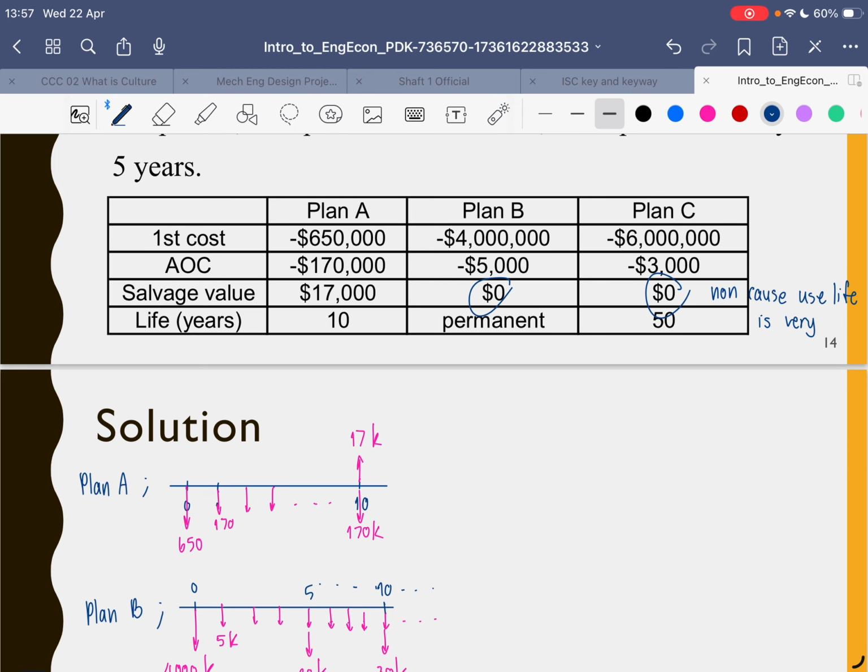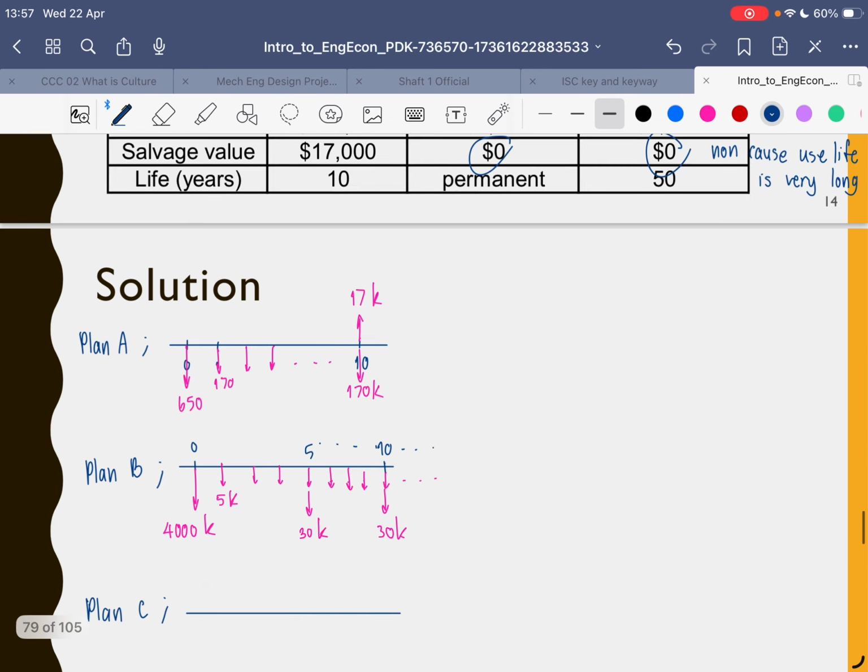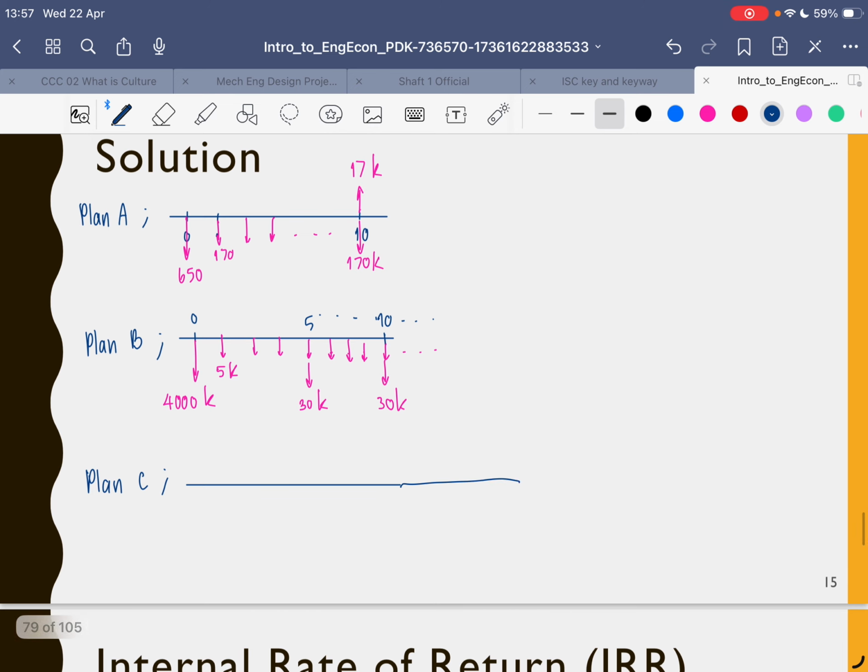The initial investment is 6,000K and the AOC is 3K every year until year 50. So this is a conversion of the description from the problem into the cash flow diagram. i is equal to 5% as given in the description.